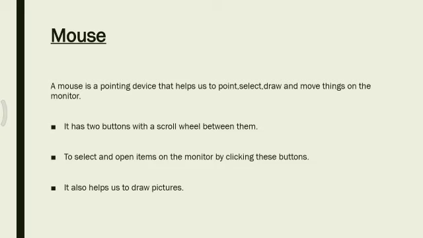So mouse is a pointing device. It helps us to point. It has an arrow we can see, used to point and select particular icons, or we may open things on the screen of the monitor.